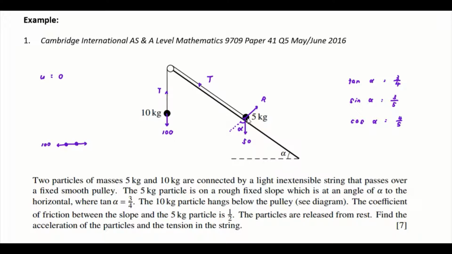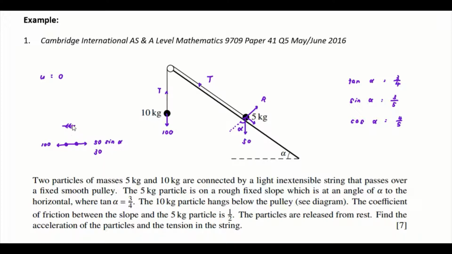So that's why we need to find the force here. This force is going to be 50 sine alpha, right? So 50 sine alpha, and sine alpha is actually 3 over 5, so for this side it is 30. You can prove that the force on this side is actually more than on this side, so that's why the whole pulley system is going to move in this direction.